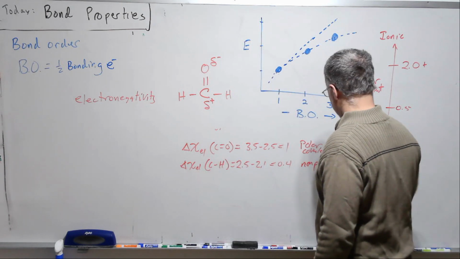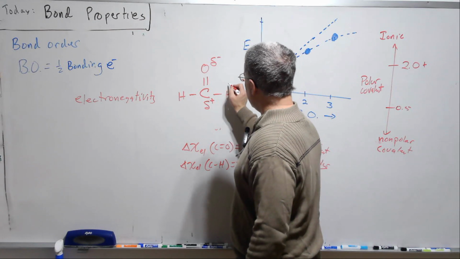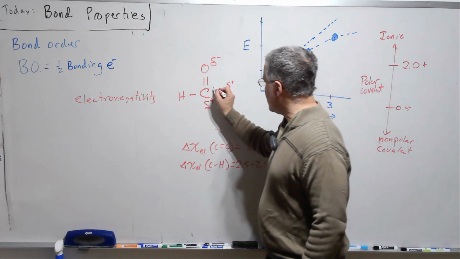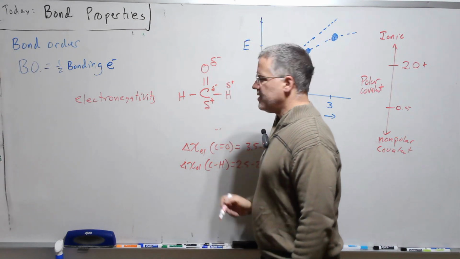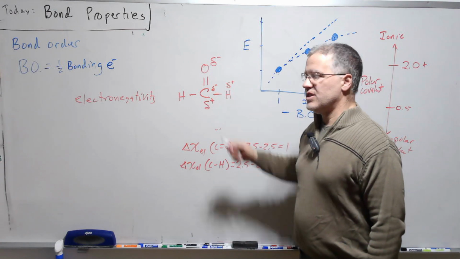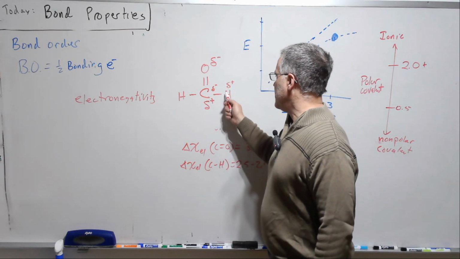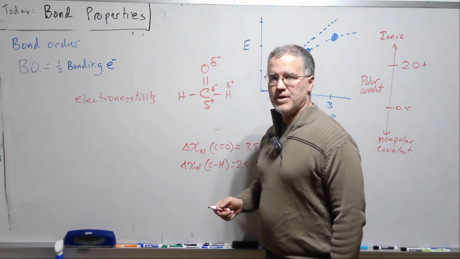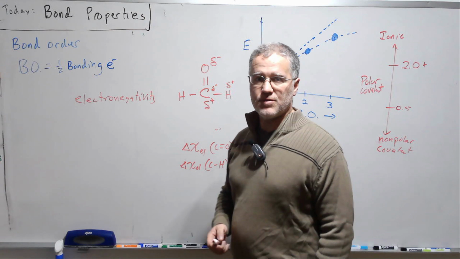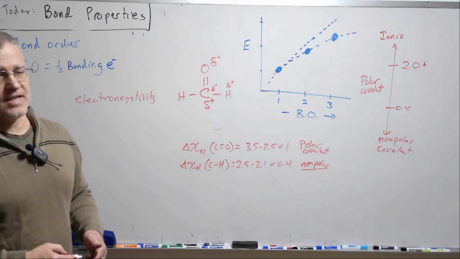If we say, okay, this is nonpolar, but it is slightly polar, then this would be delta plus, and the carbon here would be delta minus. So in this same molecule, with the oxygen, carbon is a partial positive. With the hydrogen, it would be a partial negative. Now, because this is stronger, it overall is partial positive.